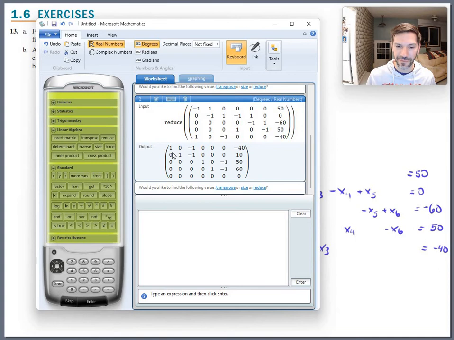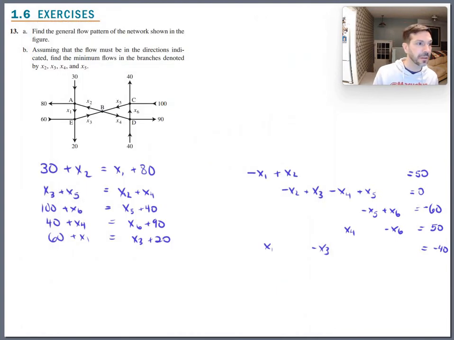But let's take a look at what some of these equations mean for us. This first row says x1 minus x3 equals negative 40. So let's see, I'm going to jot that down up here. x1 minus x3 equals negative 40. I'm actually going to solve this for x1, so it would look like that.